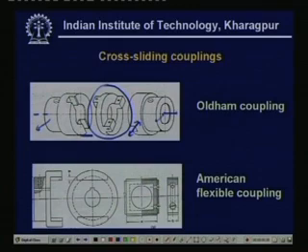Similarly, there will be another coupling half, which will have a recess here. So inside there is a square hollow, and this is filled by this kind of slider. So this is again a flexible coupling based on the cross sliding movement.